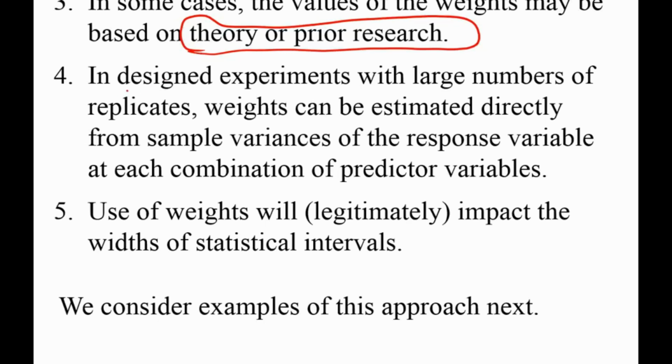In design of experiments, when you are doing experiments through a proper design, and design of experiments is a well-known phenomenon in statistics, with a large number of replicates, weights can be estimated directly. In scientific experiments you can always do more experiments to get more observations.